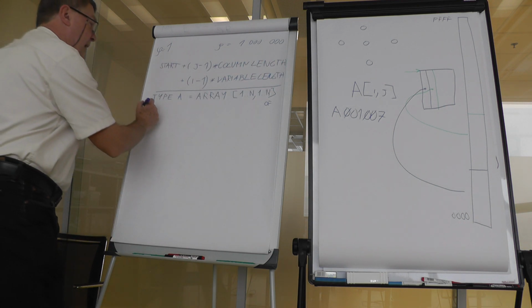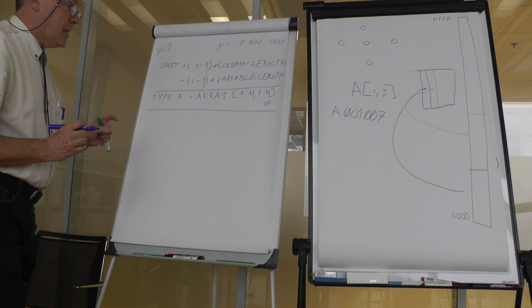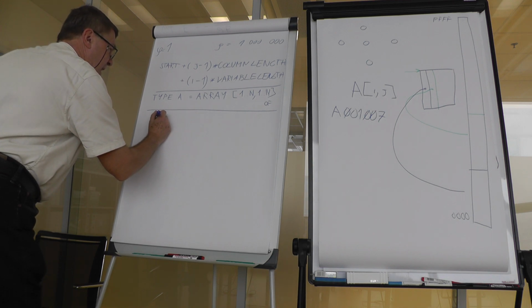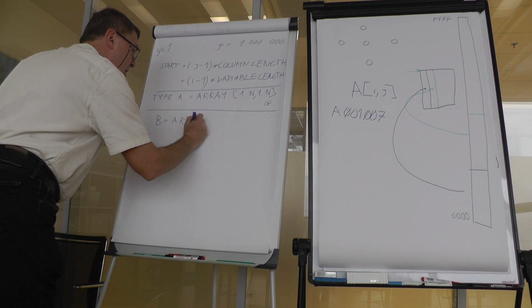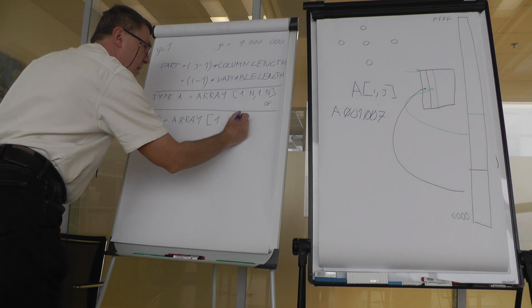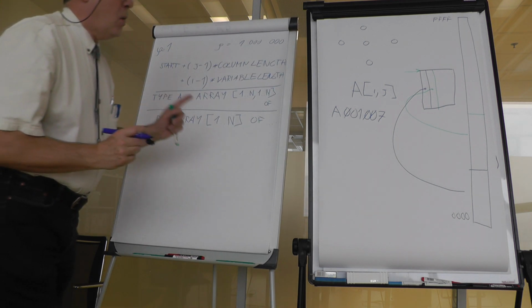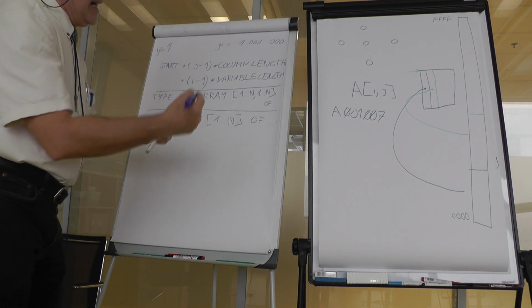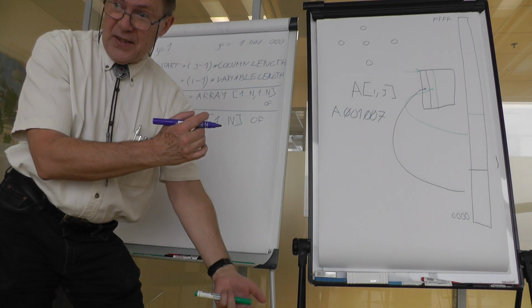So what about making a bit more complex construction? For example, I will first make type B, which is an array 1 to n, of course of integer, but now I have defined a vector, and I can define the array as an array of vectors.